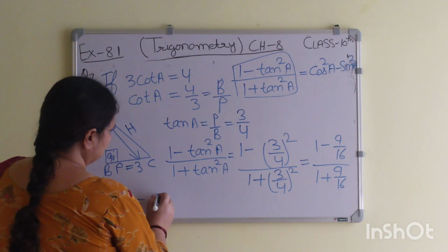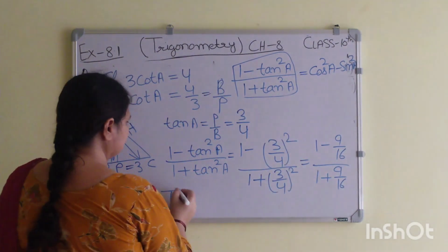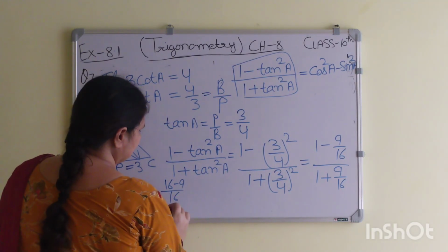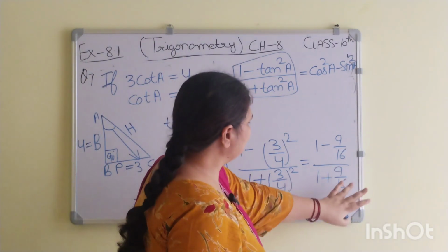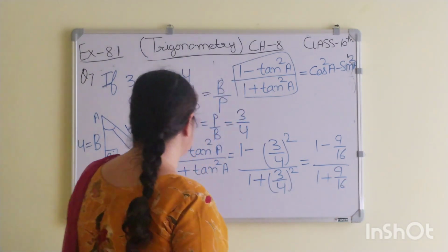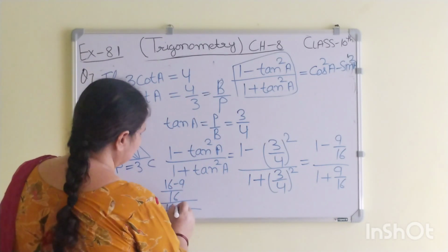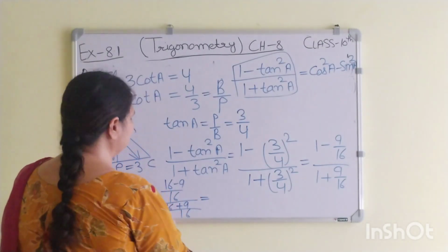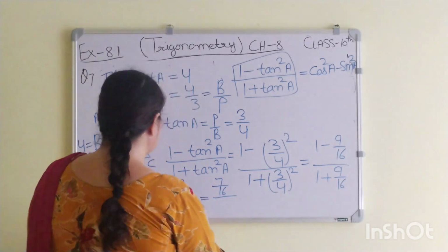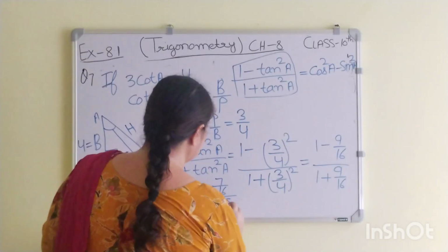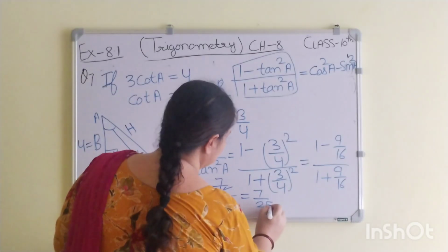Now LCM is 16, so it becomes (16 minus 9) upon (16 plus 9), which is 7/16 upon 25/16. 16 cancels with 16, so it is 7/25.